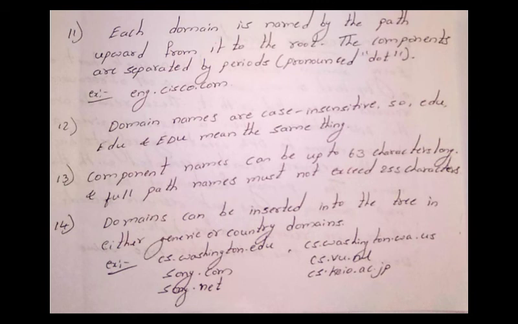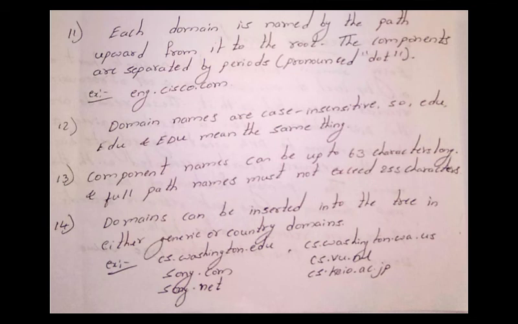Other codes are also there, like .uk and .au. In this way you insert your domains, either under country or under generic.